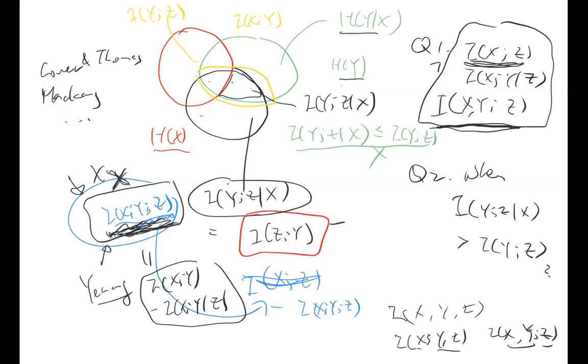Note that your dependency should be transitive, right? Somehow, if you have y independent of x and c independent of x, then y and c will be independent, right?